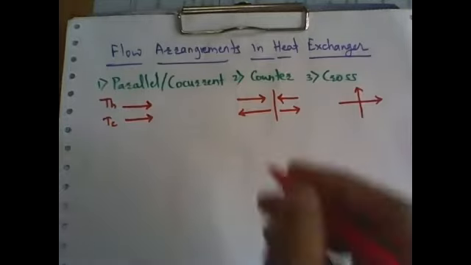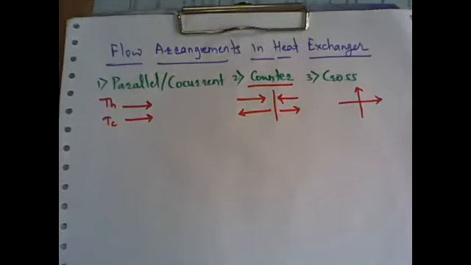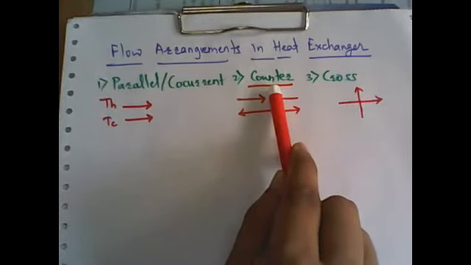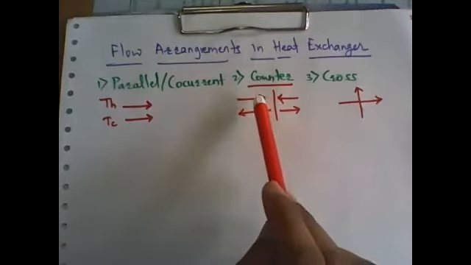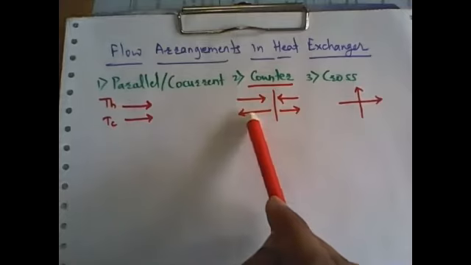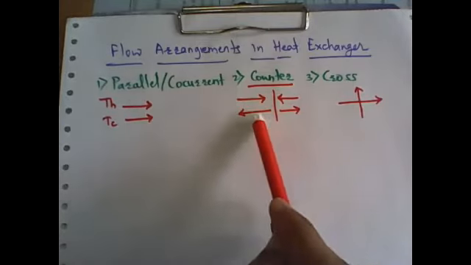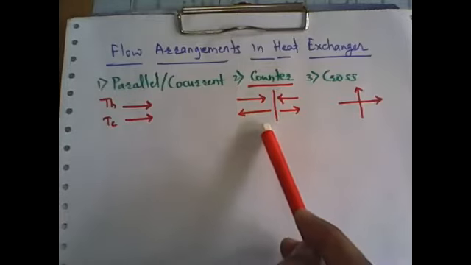So generally industrial people prefer the counter current arrangement. The reason is that the temperature difference, the log mean temperature difference and the rate of heat transfer are higher in the counter current arrangement, and that is why they normally prefer it. So how do we prove it?